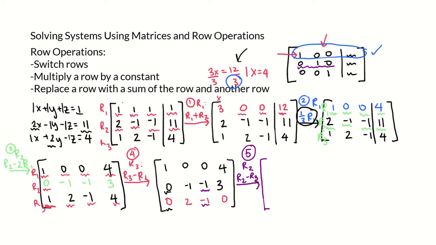So row 2 minus row 3 means 0 minus 0, negative 1 minus 2, negative 1 minus negative 1 is 0, and then 3 minus 0 is 3.